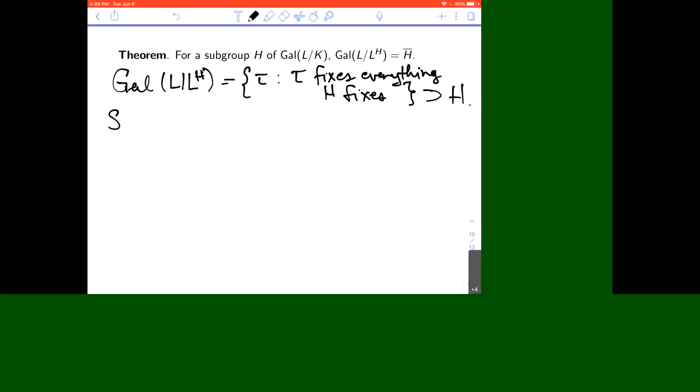So we know this is closed. We just did that. We showed all subgroups of the form Galois L over something, an intermediate field, is closed. And to make this the closure, so what do I want to show here?